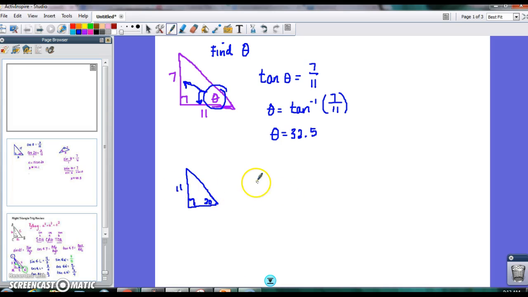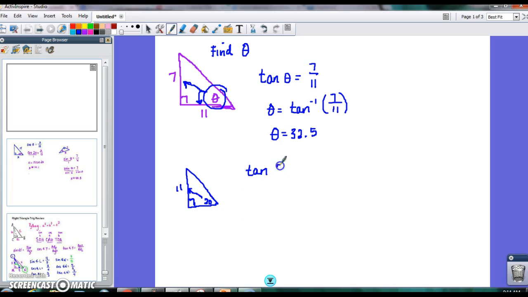Then you would just start from there. You can only use either sine or tangent because the side is the opposite side. So let's say you start with tangent.